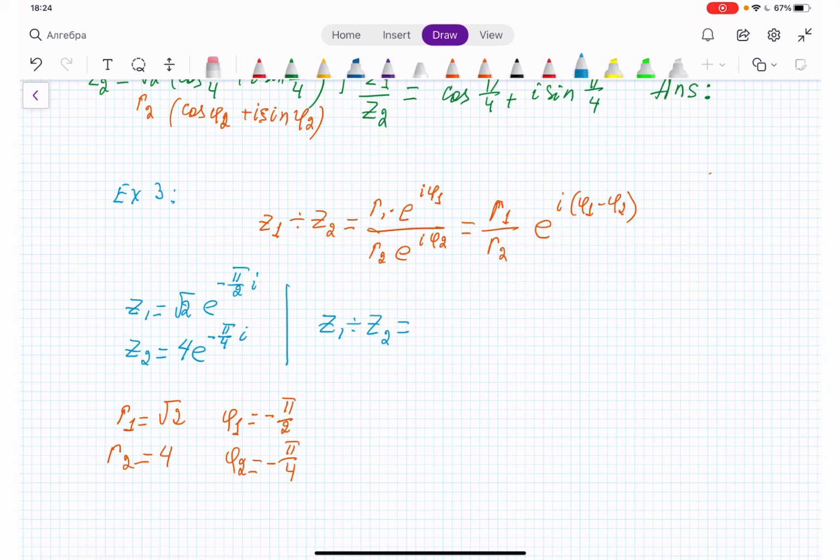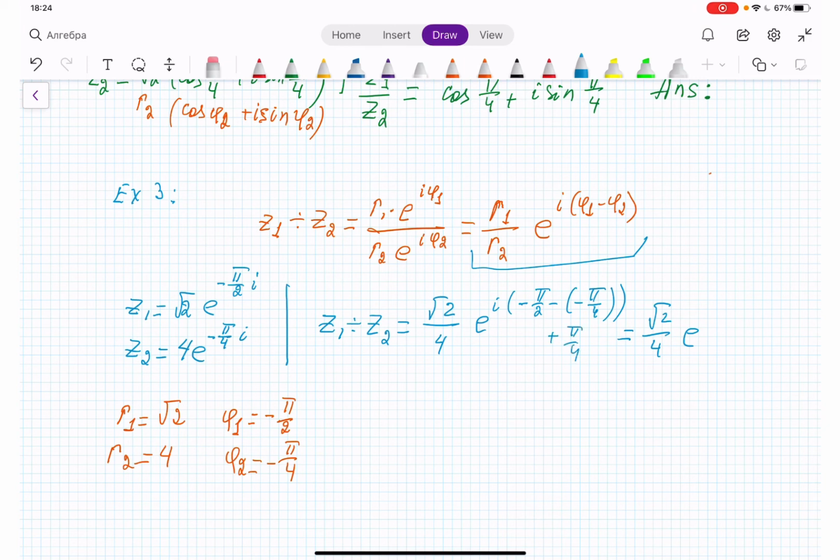Okay, so from here we have square root 2 over 4, following this formula, times e to power I times negative pi over 2 minus negative pi over 4. Yes? And this is equal to square root 2 over 4 times e to power negative pi over 2, plus pi over 4, right?